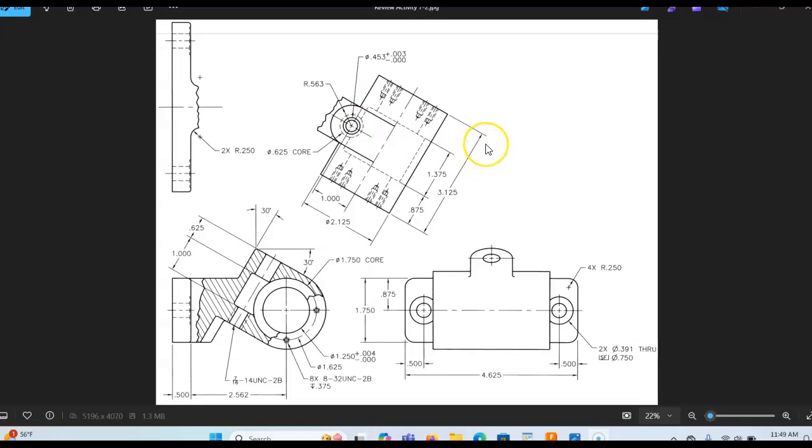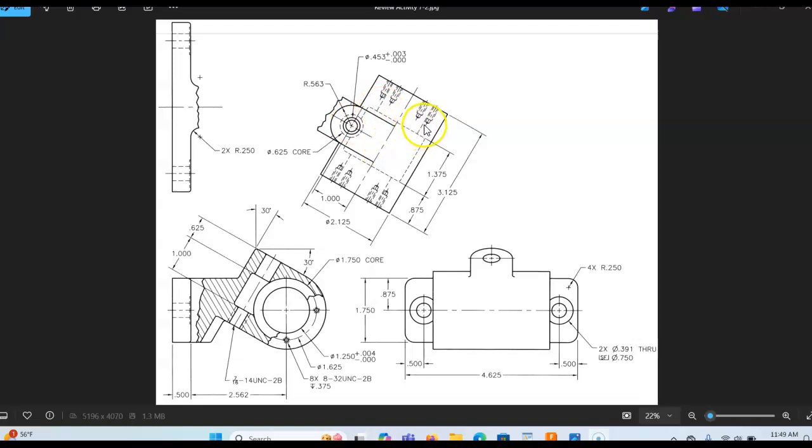All right, number 10 is saying to list 4 different lines from the alphabet of lines that are featured in the auxiliary view. So let's take a look. As far as lines that indicate shape, I am seeing my object lines or visible lines, the hidden lines here, and center lines on there.